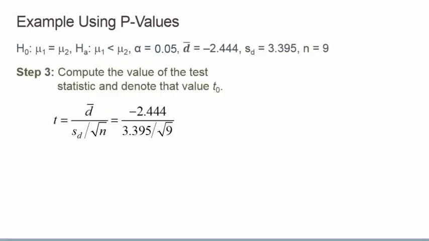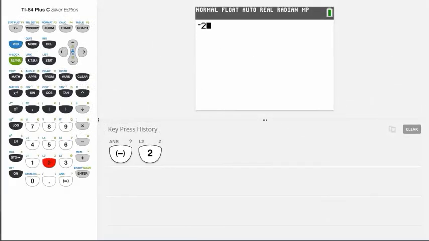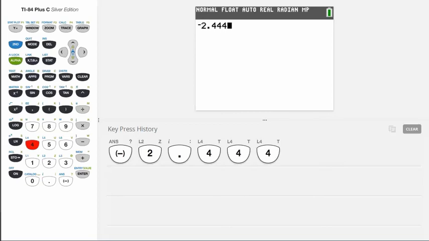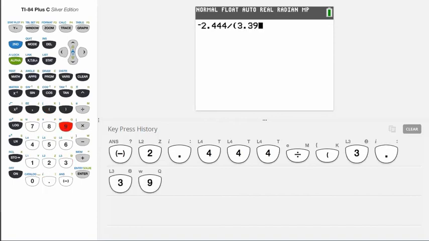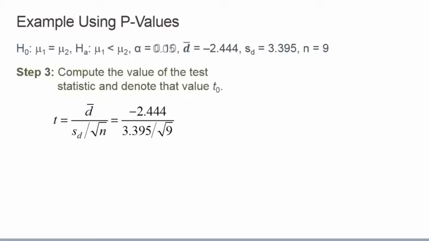T equals, substituting, -2.444 divided by 3.395 divided by the square root of 9. -2.444 divided by, open parenthesis, 3.395 divided by second square root 9, and either arrow right or close your parentheses, close parentheses. Rounding, we have -2.16.